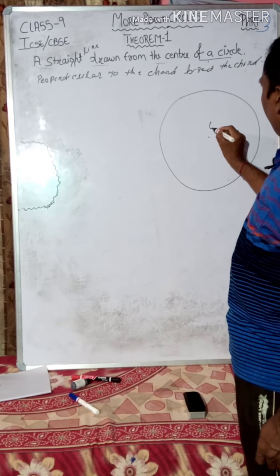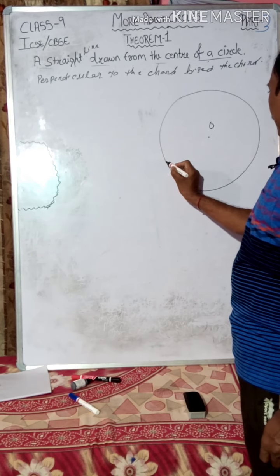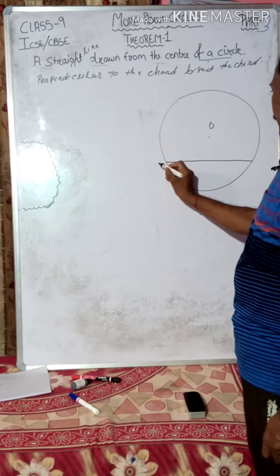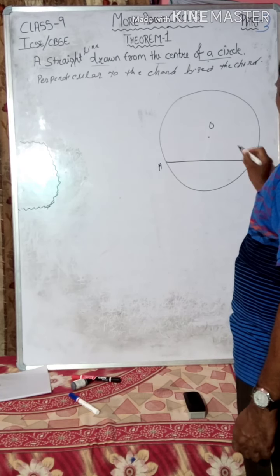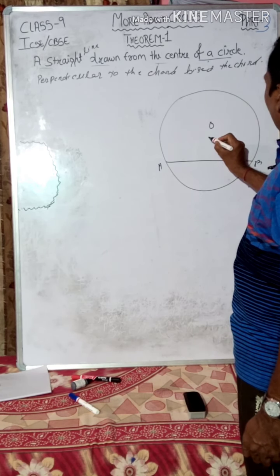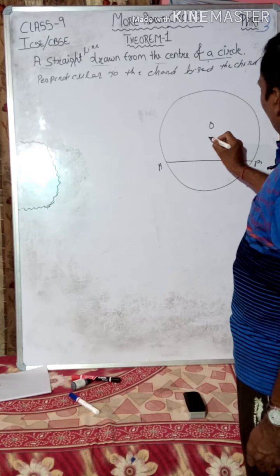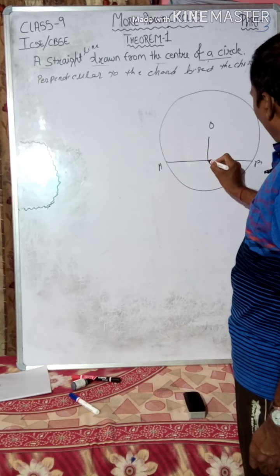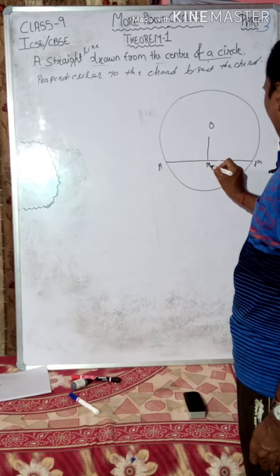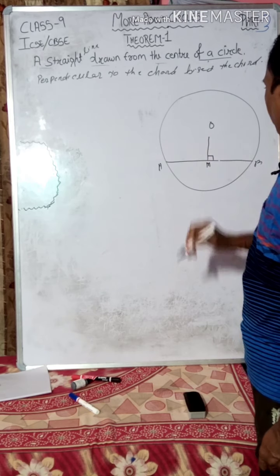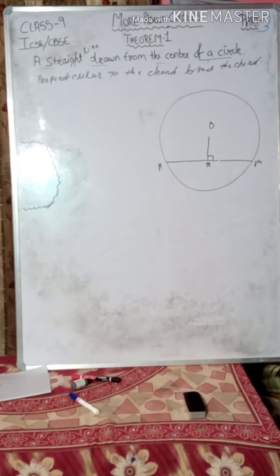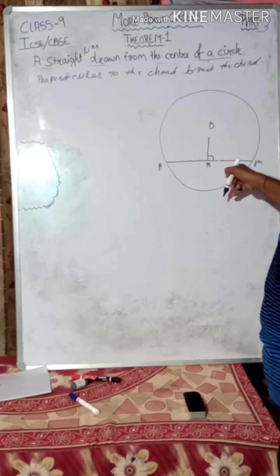Here is a circle, here is a center, here is a chord, that is AB is a chord. A line drawn from the center of the circle which is perpendicular to the chord. Suppose OM is perpendicular to AB. We have to prove AM is equal to BM.